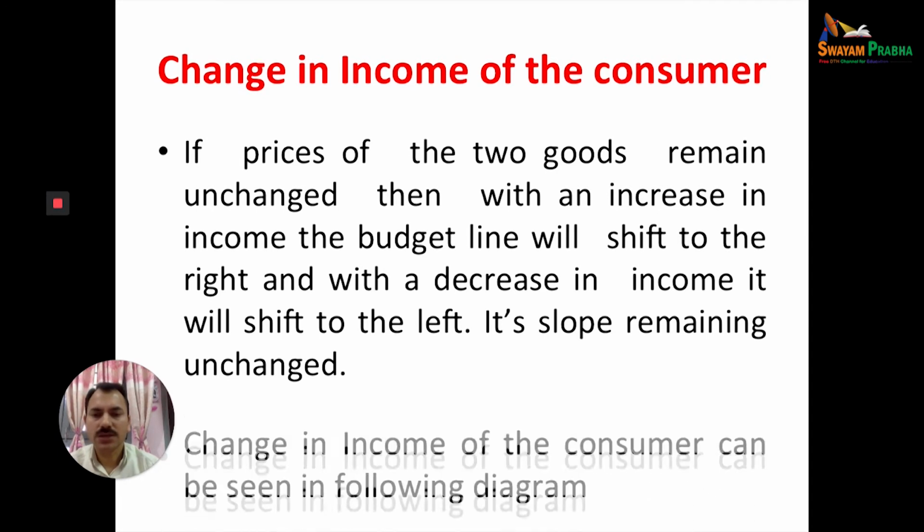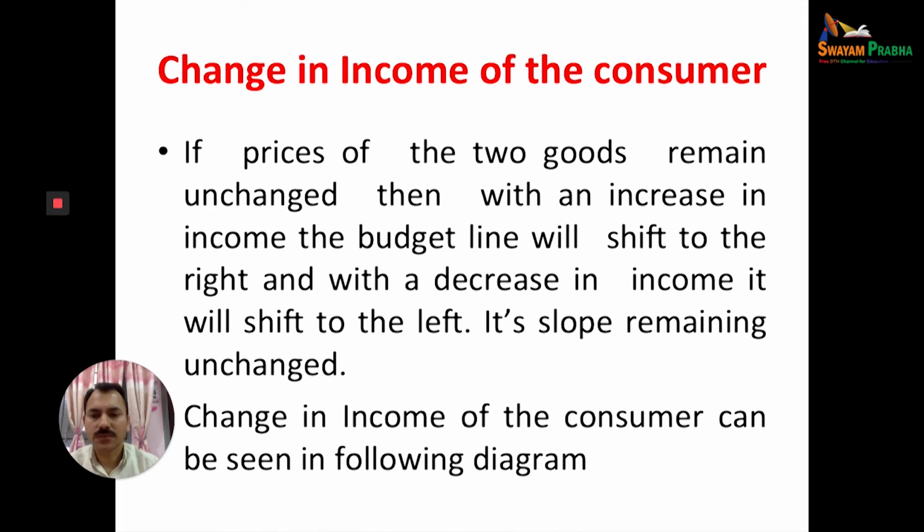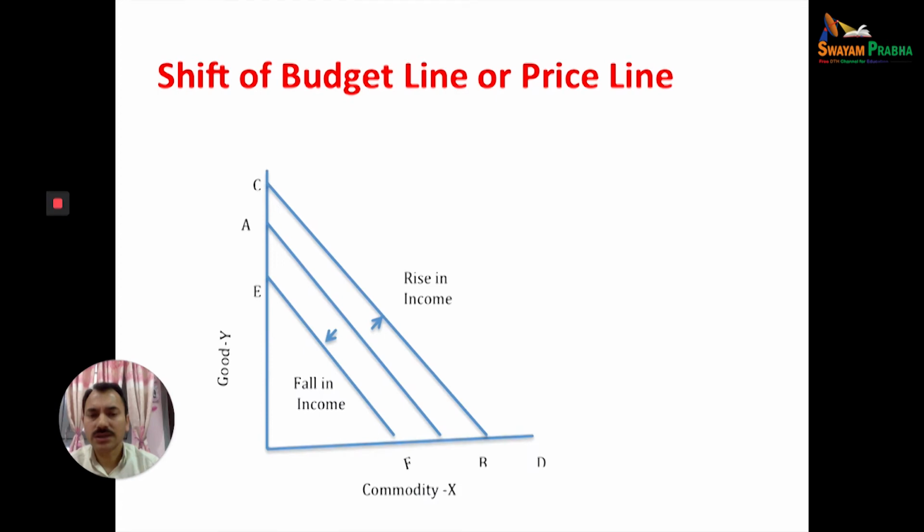Let us see with the help of a diagram. A change in income of the consumer can be seen with the help of the following diagram. When income increases, it will shift. For example, this AB is the original budget line.